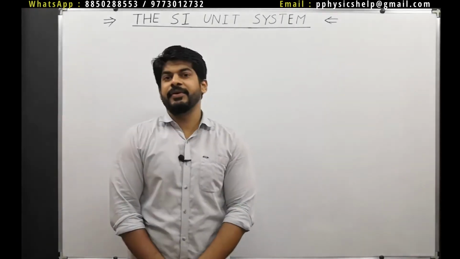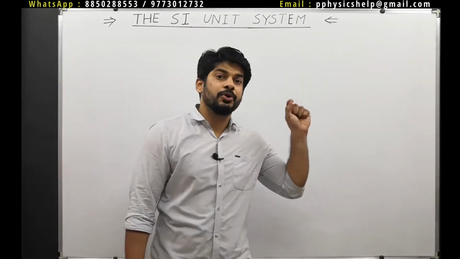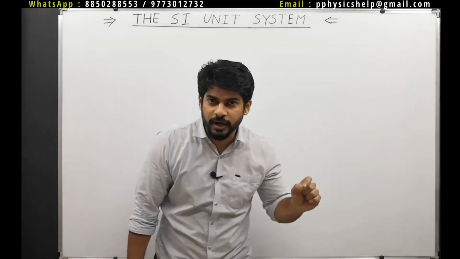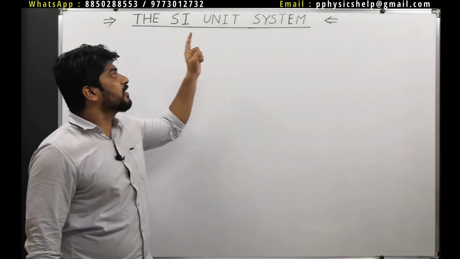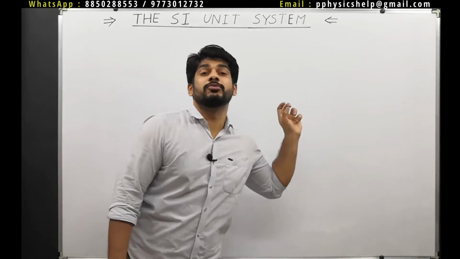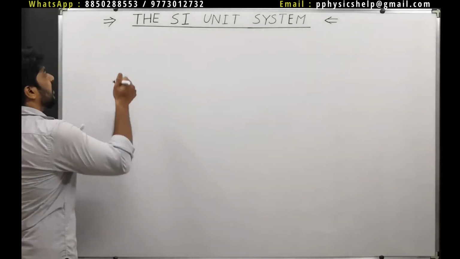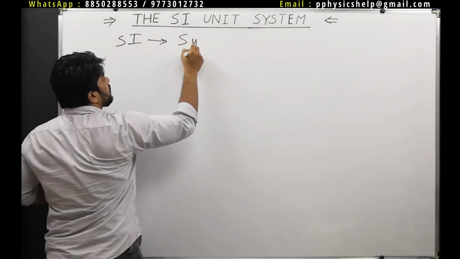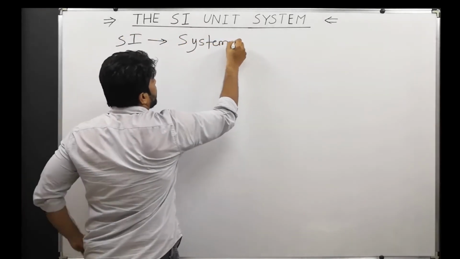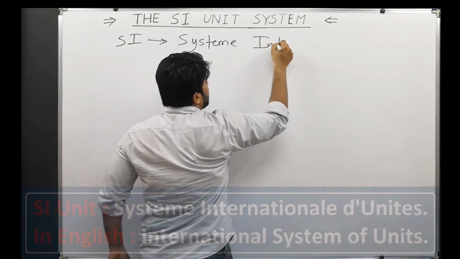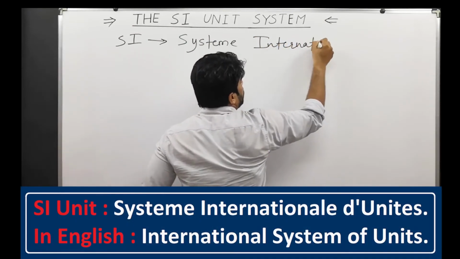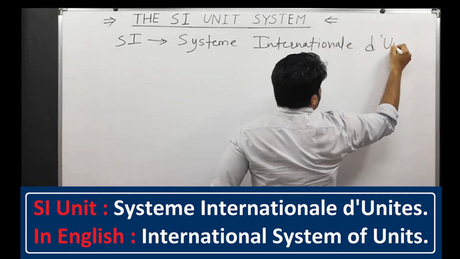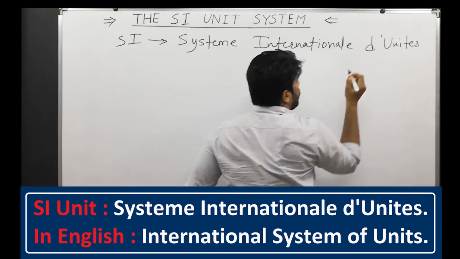So in 1971, CGPM introduced a new system of units, and it is called the SI unit system, or SI system of units. Basically SI is an abbreviation for Systeme Internationale d'Unites.